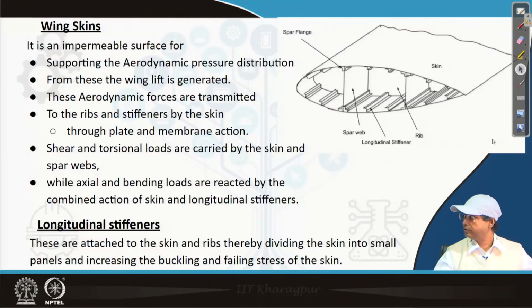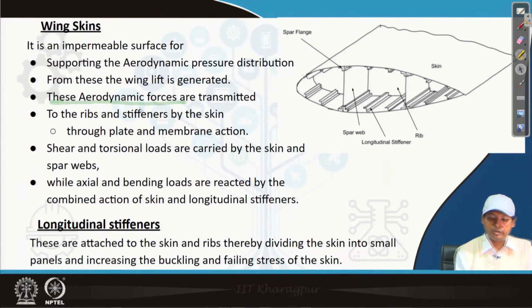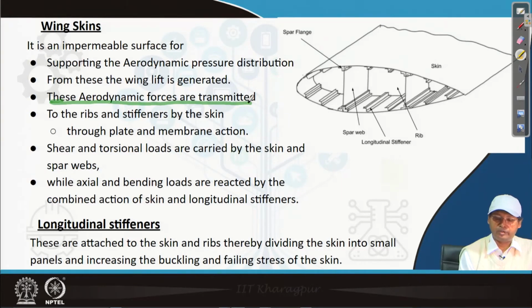Wing skin is an impermeable surface for supporting the aerodynamic pressure distribution. From this, the wing lift is generated. These aerodynamic forces are transmitted to the ribs and stiffeners by the skin.